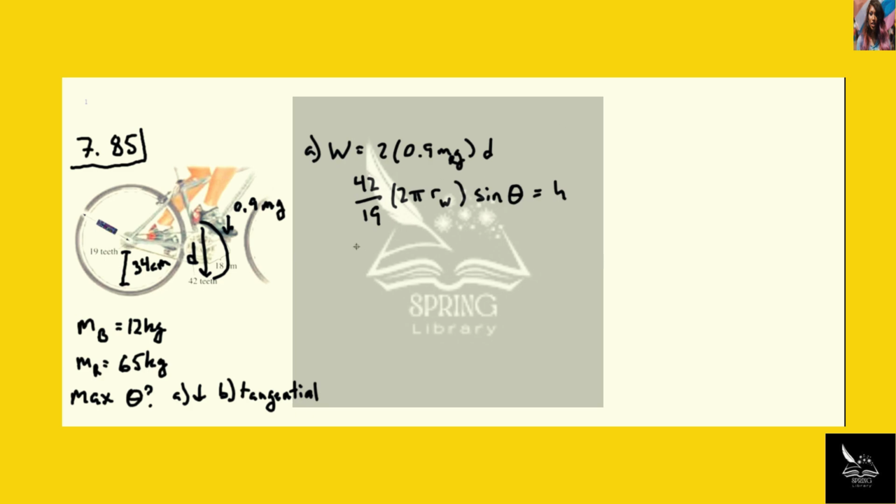And so here's the work done by the rider, and here's the work done by gravity. It is the weight of the entire thing, so the mass of the bike plus the mass of the rider, times g times h, which we just said is 42/19, 2 pi wheel radius, times the sine of theta, which is what we're wanting to find.